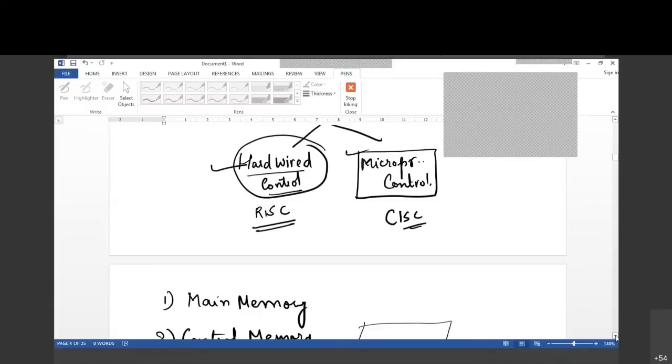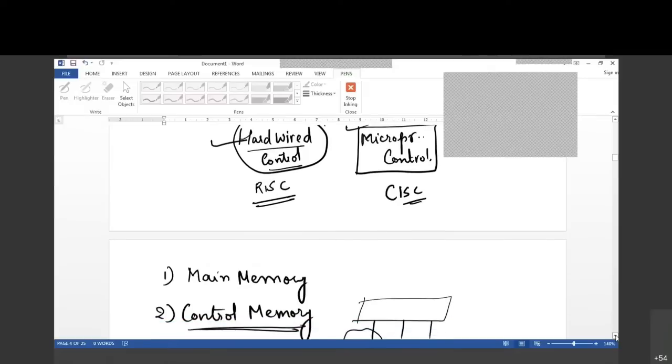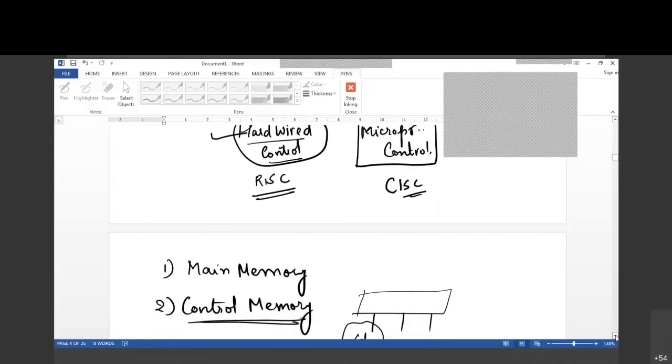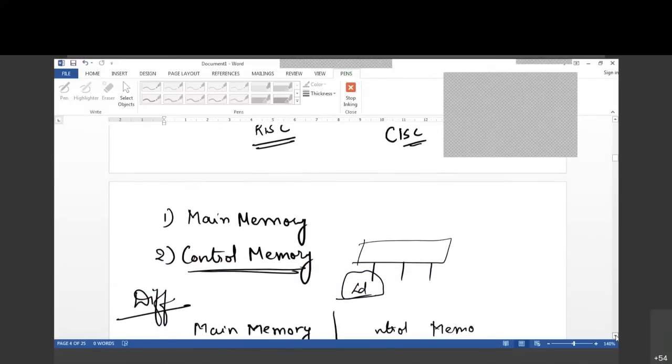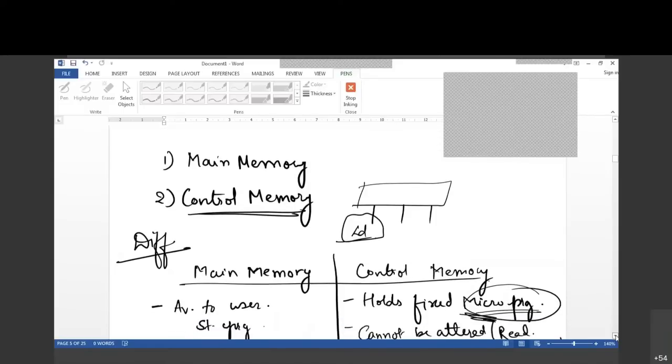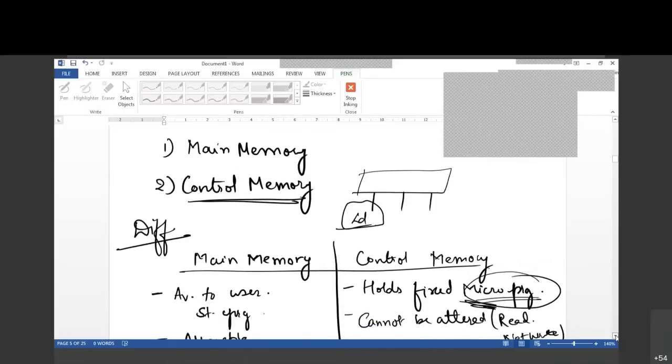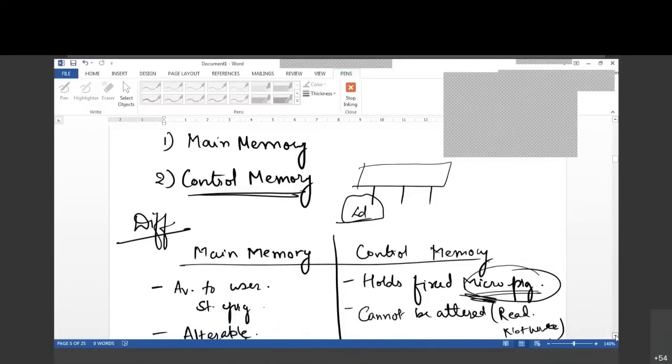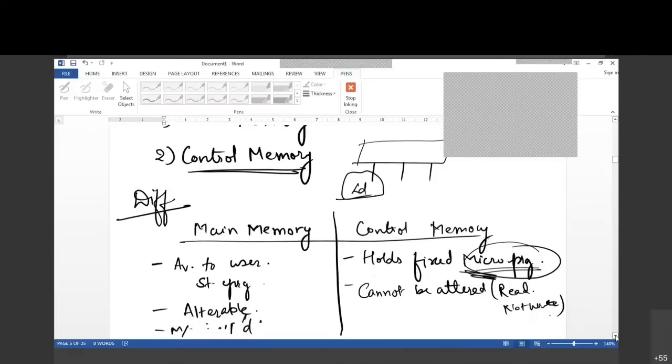Whereas microprogram control includes a control memory which consists of microprograms. You need to write microprograms in it, and generally these programs are written in assembly language. Now, we saw that computers which follow microprogrammed control organization have two types of memory: main memory and control memory.